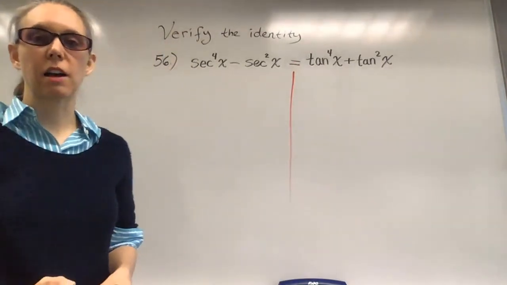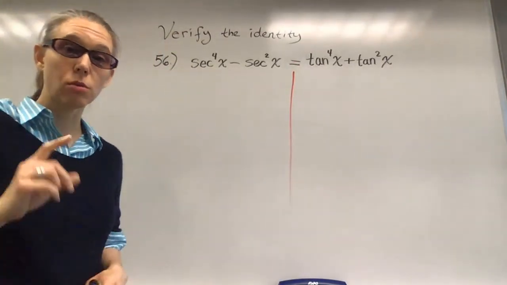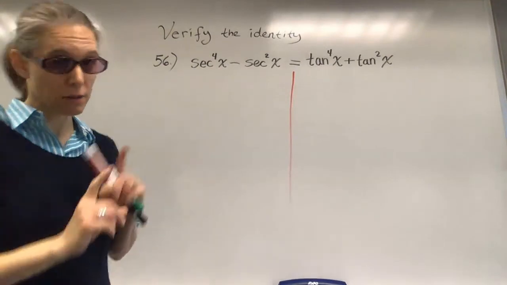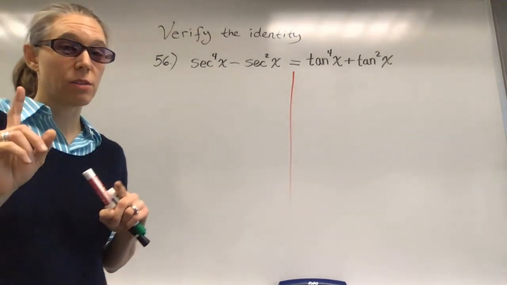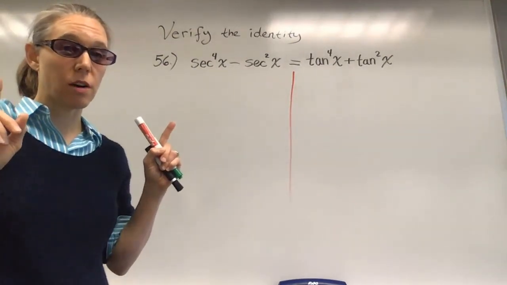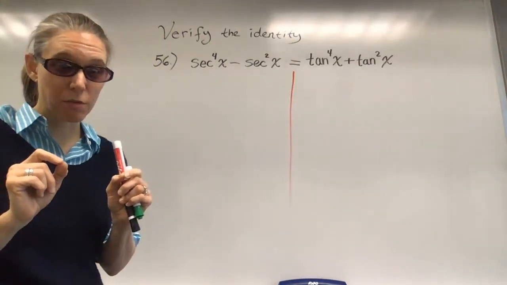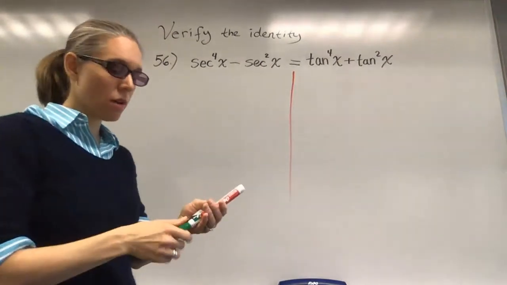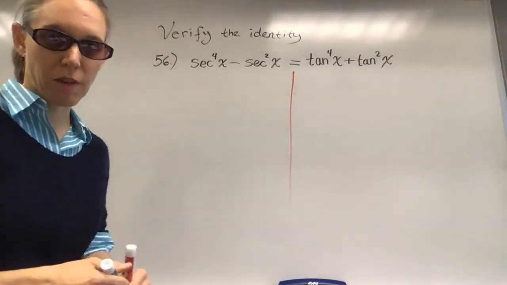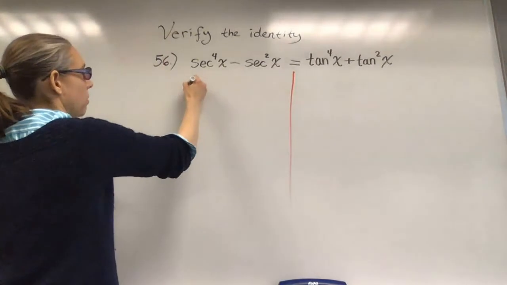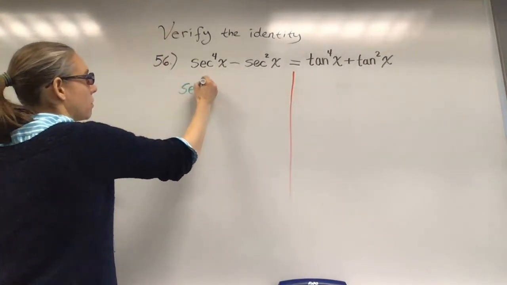So here, what I am drawn to is, I could factor the left and I can factor the right. In fact, in this problem, I'm going to illustrate for you how we can work on the left and the right-hand side simultaneously and hopefully meet in the middle. So on the left-hand side, I want to start with factorization. I can factor out a secant squared.